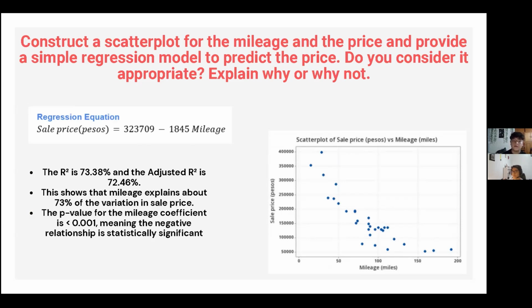The R squared is 73.38% and the adjusted is 72.46%. So mileage explains about 73% of the price variation. The p-value again is less than 0.001, so the negative relationship is highly significant.